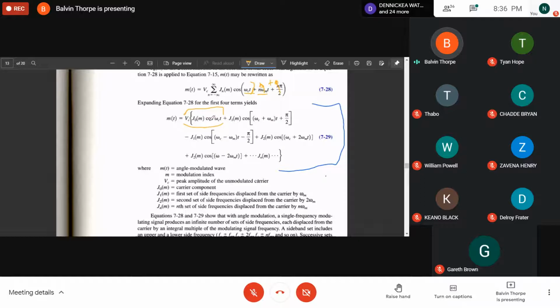And this, as you can see, is just a carrier, which tells you that if you do not have any modulation, the only thing you're going to have is just a carrier wave, which makes sense. So when n is 0, only the carrier alone you have.